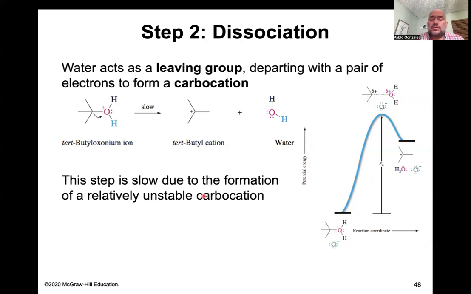This step is slow due to the formation of a relatively unstable carbocation. Also, you can see here that to go from here to here, we need to go over this activation energy, which is pretty high. So that's why this is the slowest step in this reaction, due to that high activation energy.